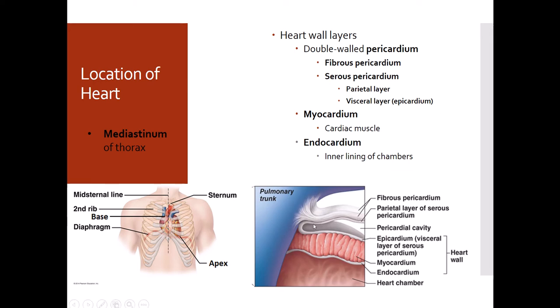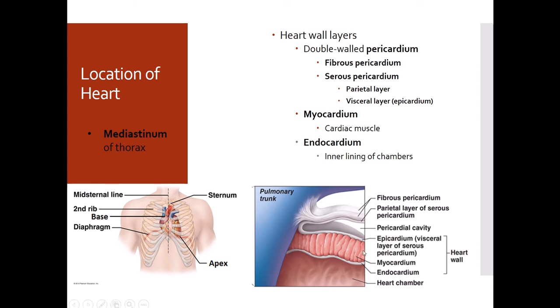And then we get into the two layers of the serous membrane. So we have the outer parietal layer separated from the inner visceral layer, which is also known as the epicardium, by the little pericardial cavity here, which then fills with fluid. It's a nice friction-reducing structure, the serous pericardium.